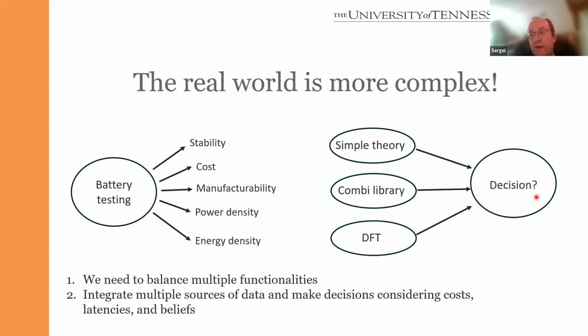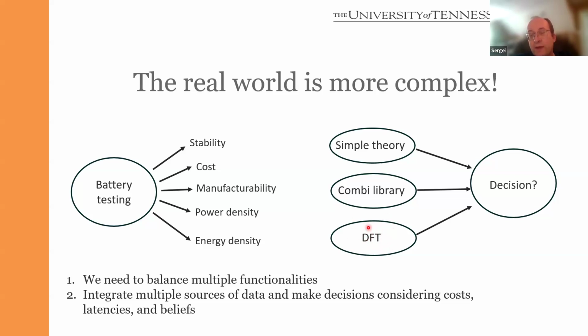And secondly, when we make decisions about what to do, we actually need to incorporate data from multiple sources. For example, if I want to make any material, I need to weigh the simple theory or something that is almost an intuition. I need to use the information that I can derive rapidly from combinatorial libraries. I need to find a way to use the density functional simulation, because it may be the case that somebody has already simulated the properties of the material that I'm interested in.